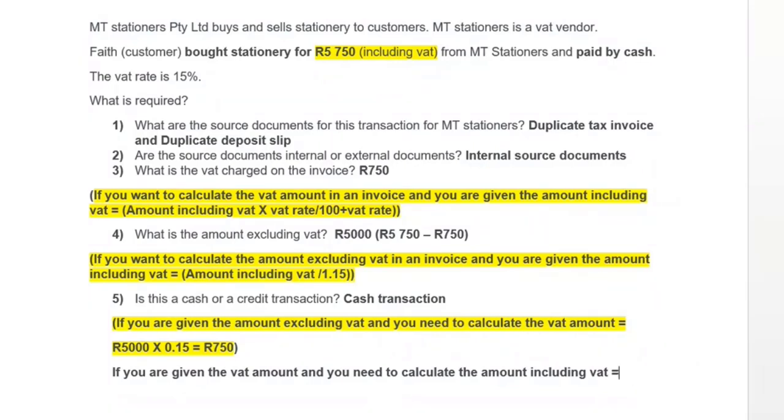So guys, the answer will be 750 times 115 divided by 15, which equals 5,750.